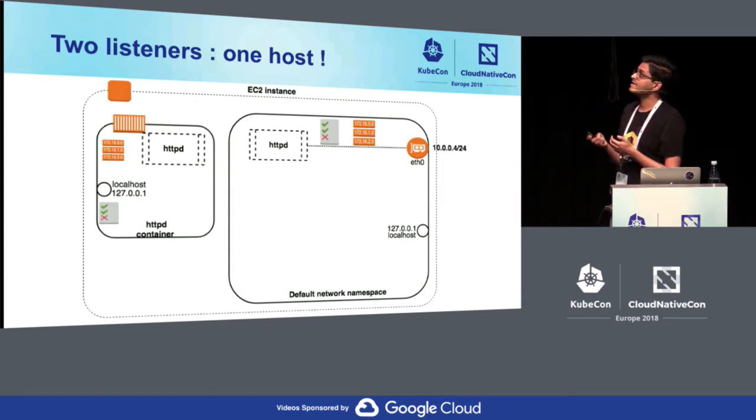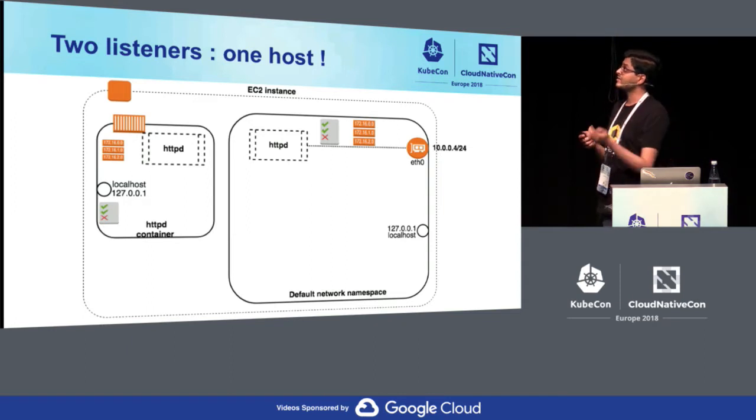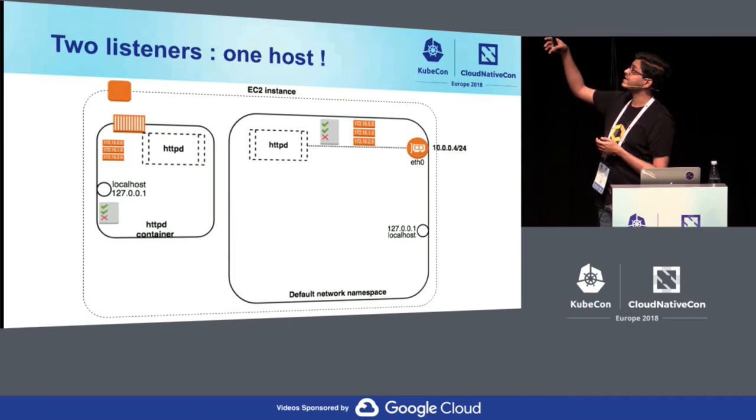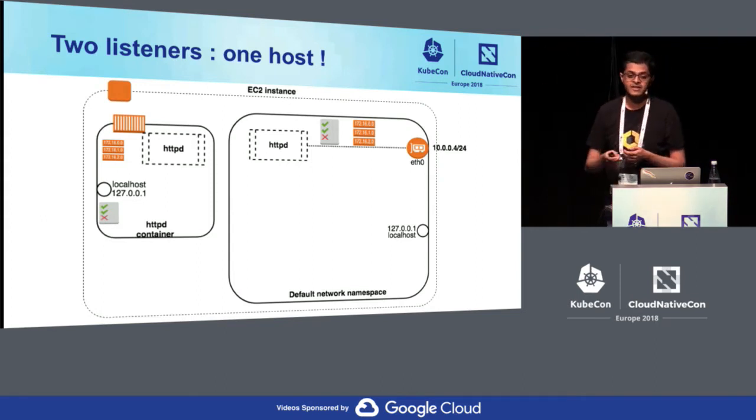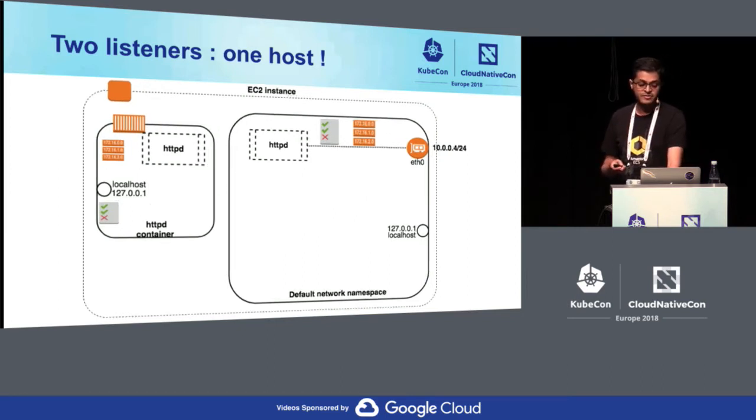So now I essentially have two HTTP daemons running on the same host, and I didn't have to change the port number on which these processes were listening, because that's the other alternative solution, right? If I want to run 3 HTTP daemons on the default namespace, I essentially have to change the port numbers, and that's not a scalable solution or a manageable solution.